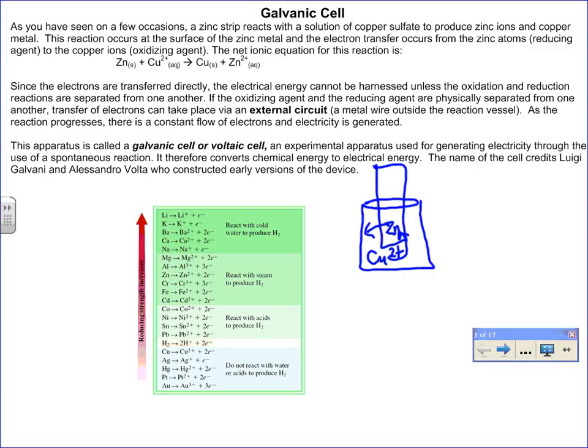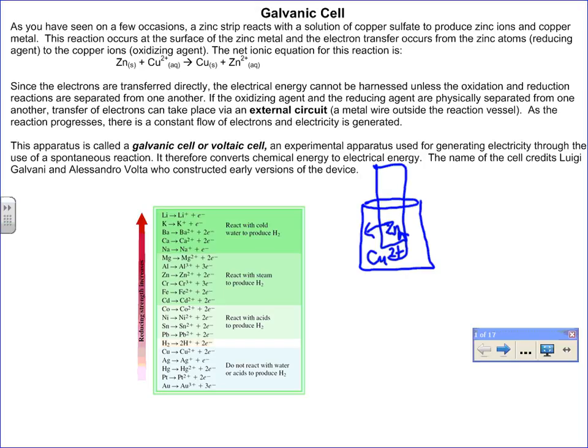So what we want to do is make available those electrons that are being transferred and use the electrical energy that's available. In order to do that, we need to set up a galvanic cell. A galvanic cell is going to separate the oxidation reaction from the reduction reaction, and it's going to allow the electrons to travel through a wire, and while they're traveling through a wire, we'll be able to make use of the electricity that's generated.